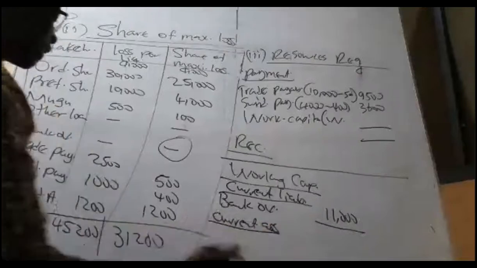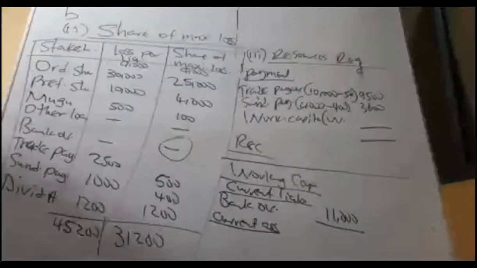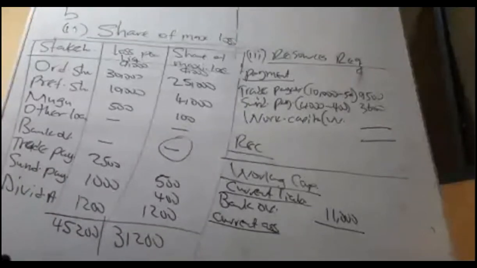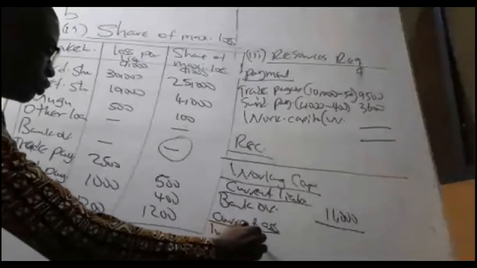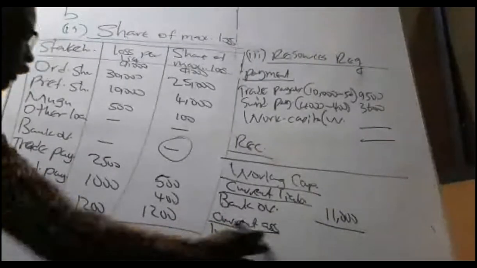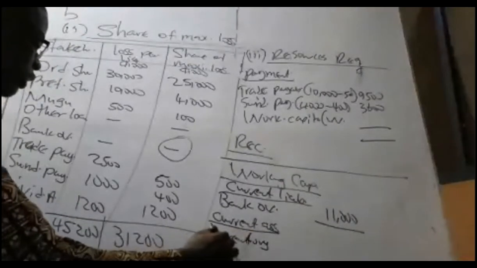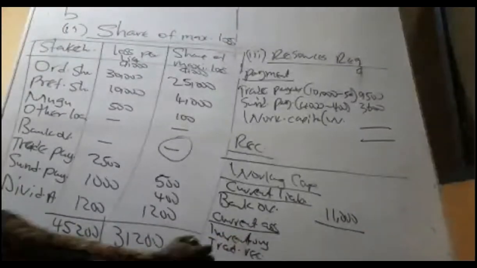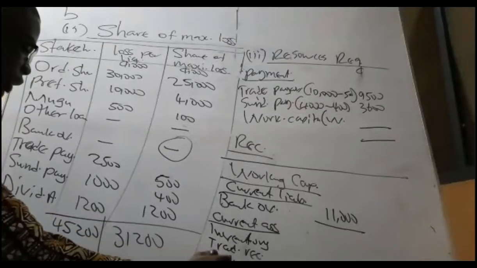Now the current assets in the new business, we expect them to be: 1, inventory; 2, the trade receivable; then 3, your cash. Then the working capital requirements.